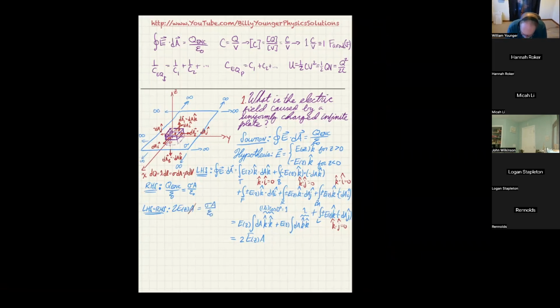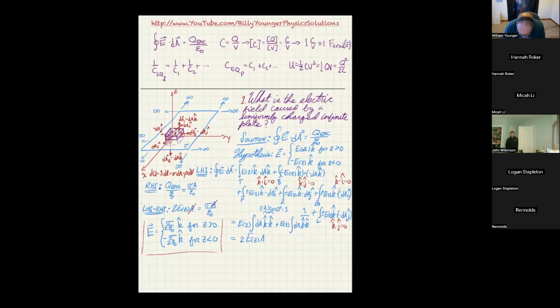That shows you that the A's cancel out, and we ultimately get that, using our hypothesis again, E is equal to sigma over 2 epsilon naught k hat for z greater than 0, and negative sigma over 2 epsilon naught k hat for z less than 0. And that's what our electric field is.